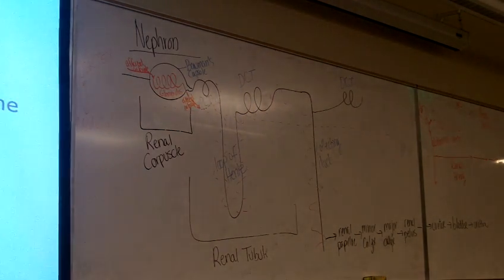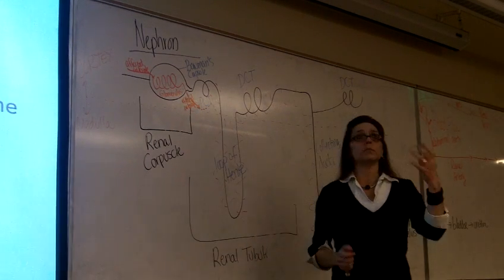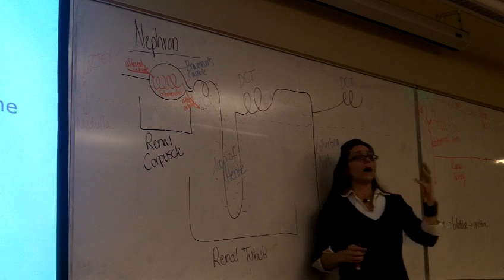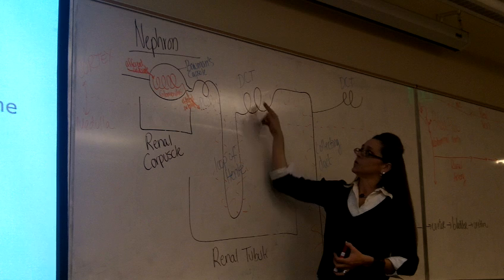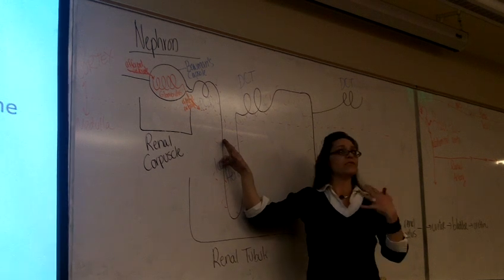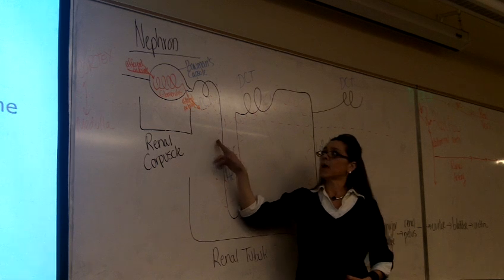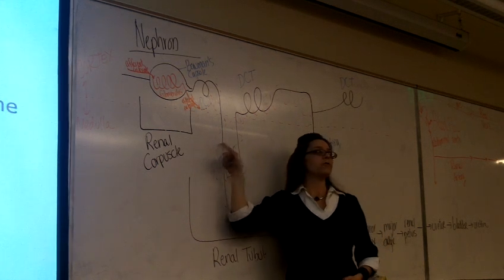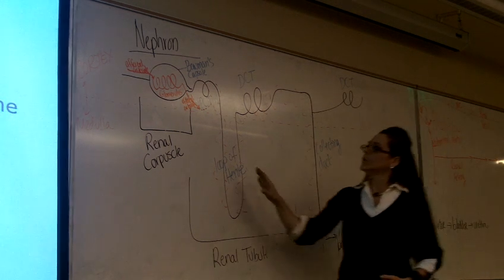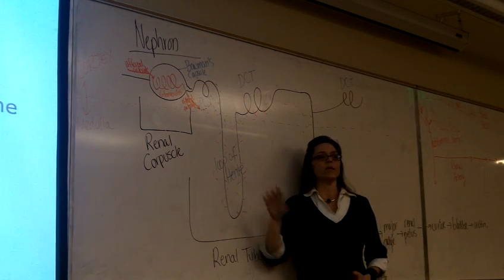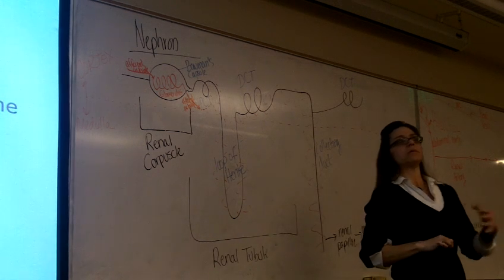Reabsorption is taking material, water, glucose, amino acids, ions, that's in the filtrate traveling through this tubule, and it has to be reabsorbed back into the blood, back into these peritubular capillaries. And what we want to keep in that filtrate would be water and then waste products.